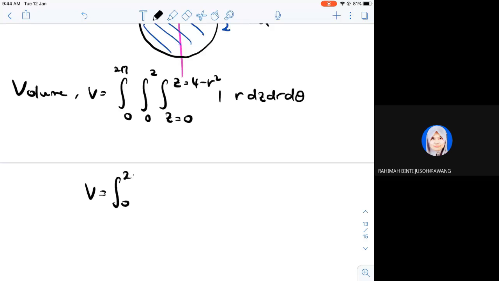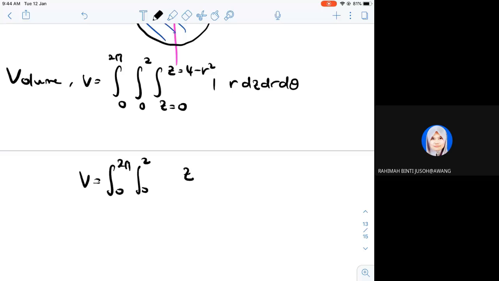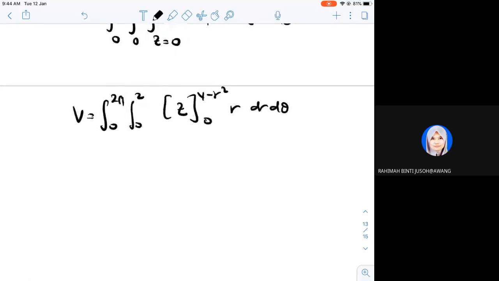0 until 2 pi, 0 until 2. Integrate 1 with respect to Z, we will get Z lah. Substitute 4 minus R squared, 0, r dr d theta. So 4 minus r squared multiply with r dr d theta.